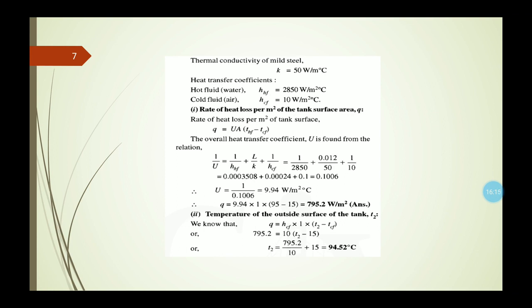Now we need to find the rate of heat loss per meter square. That means the area in the formula will be equal to 1.